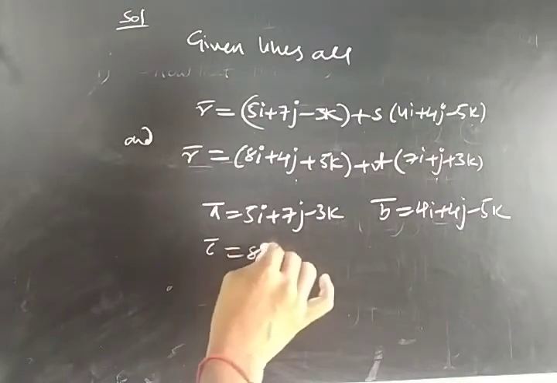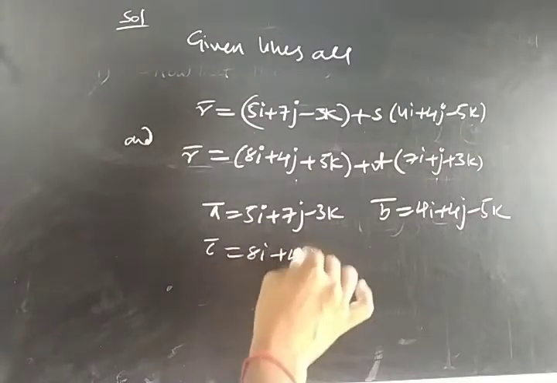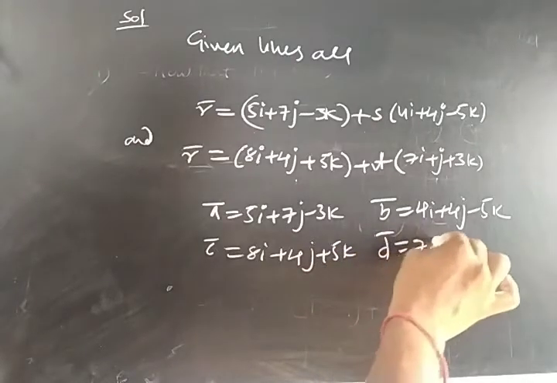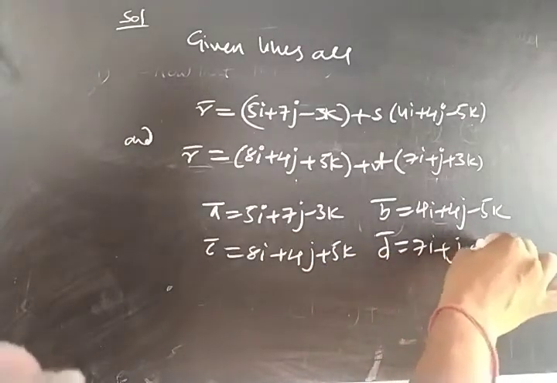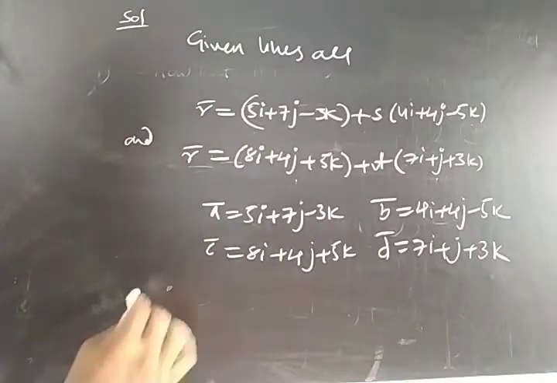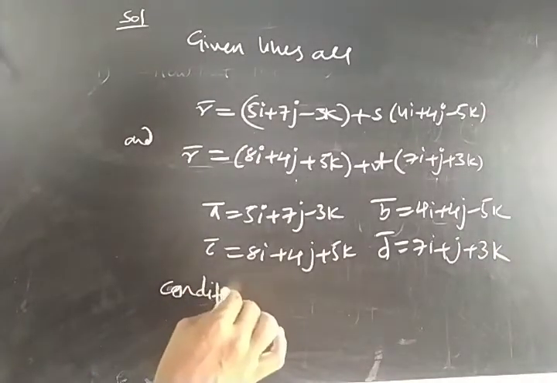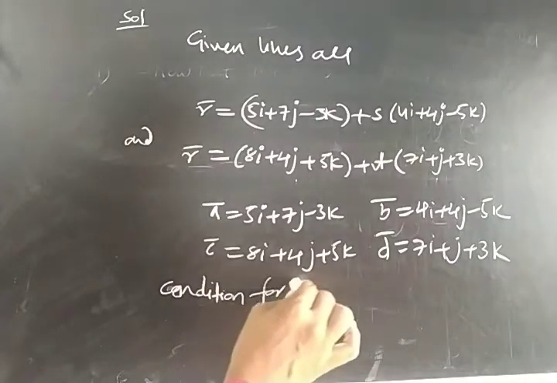C bar is 8i plus 4j plus 5k. D bar is 7i plus j plus 3k. Condition for coplanarity.